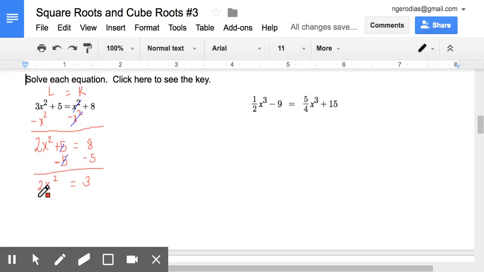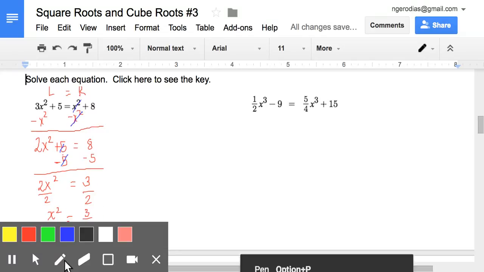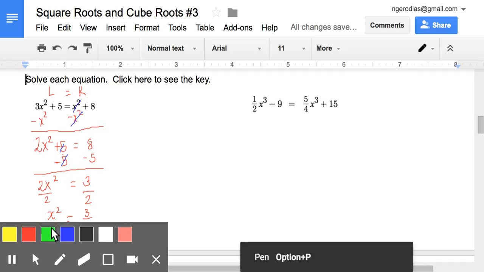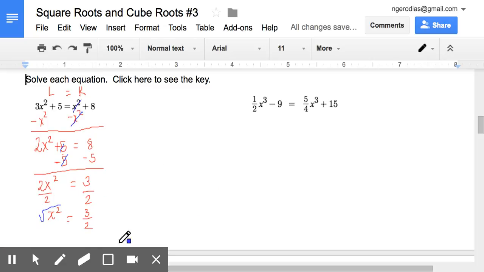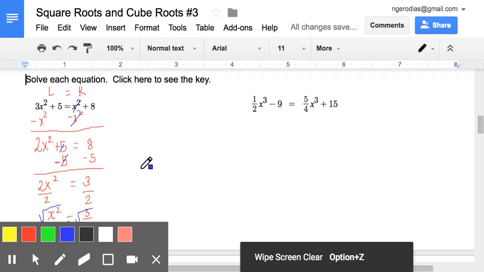And then now we can get the x squared alone by dividing both sides by 2. Then we'll have x squared equals 3 over 2. And then we get the square root. So we'll have square root of x squared equals square root of 3 over 2.